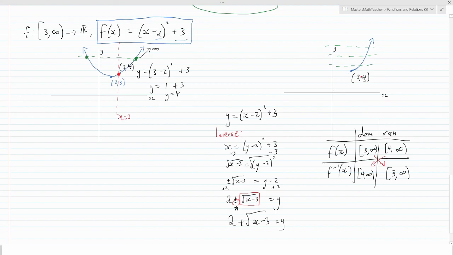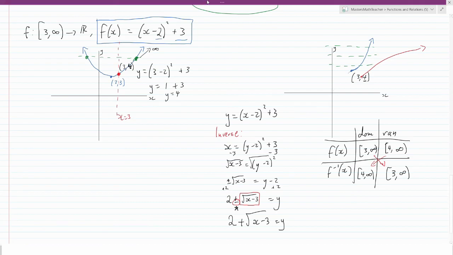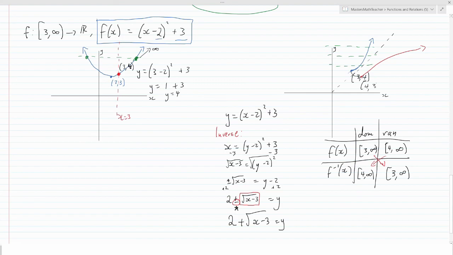So it's going to look like this. And it's a square root graph. And you can kind of tell, if we flip that over the y equals x graph here, that's exactly what happens. It starts at 3, 4. This switched to 4, 3. And then it departs. It sort of branches out away from the y equals x line.